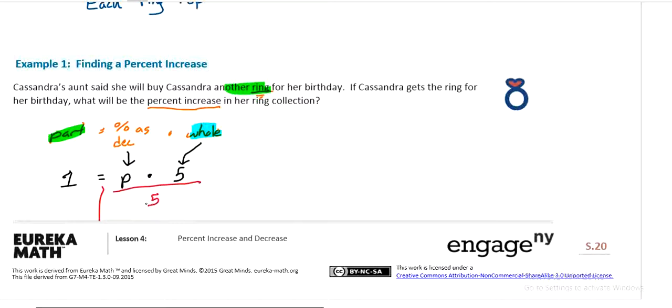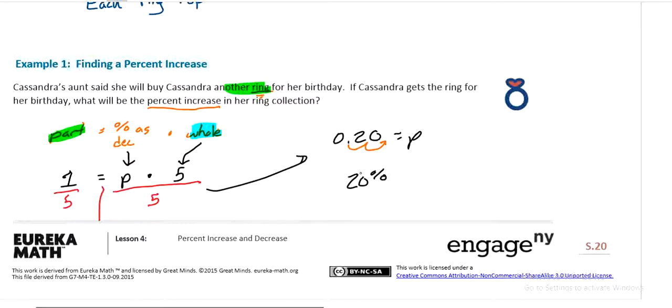It's being multiplied by P, so we have to divide both sides by P. And we find out that 0.20 equals P. Well, that's not a percent, that's a decimal. To turn it into a percent, remember you move it over twice, so that now we have 20%.